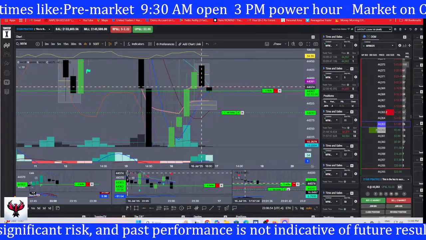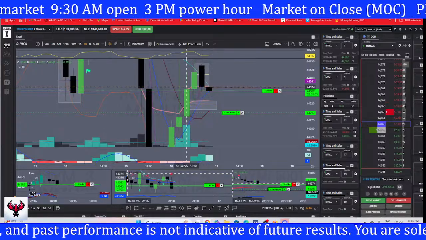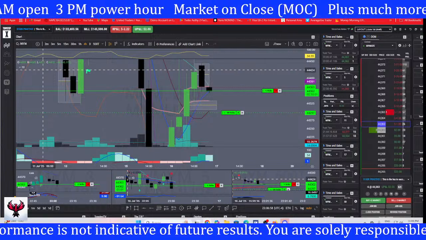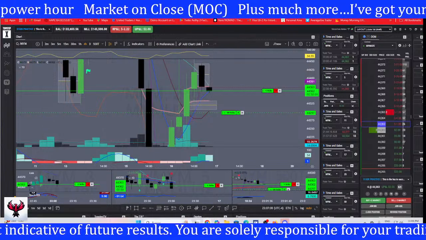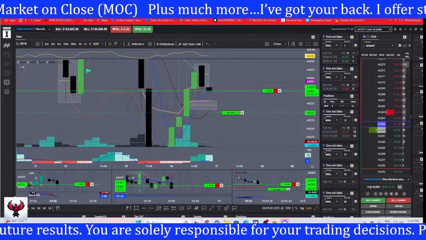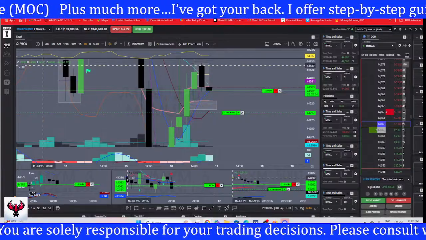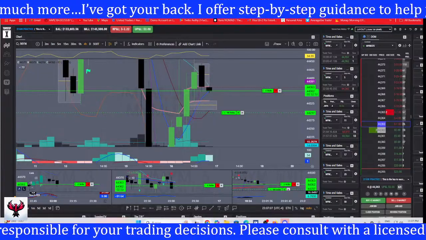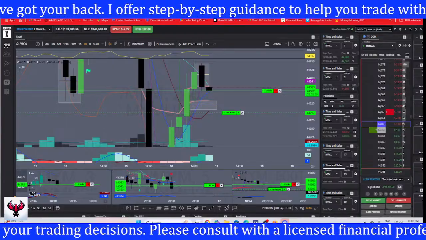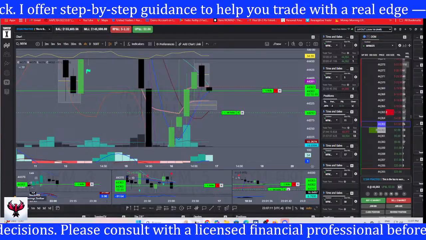So if you follow my hand, right here at the low, you'll see it here. I'm going to put a little mark right there so you can see it.